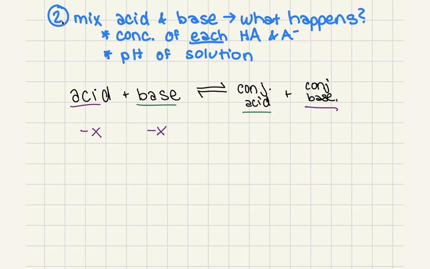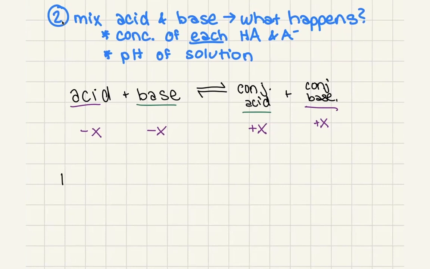And that's going to leave you with that amount of the conjugate acid and that amount of the conjugate base. Now, in the simplest case, you're starting from zero of the conjugate acid and the conjugate base, and you're given how much of the initial acid and base that you're going to have.